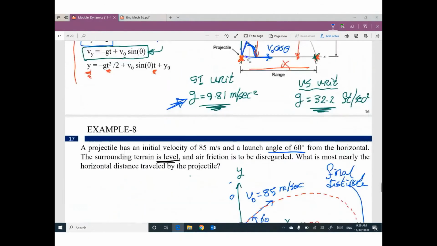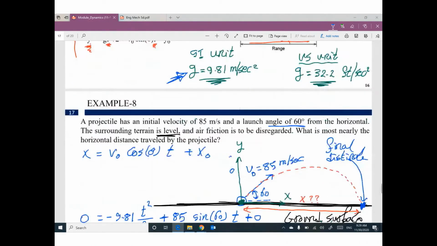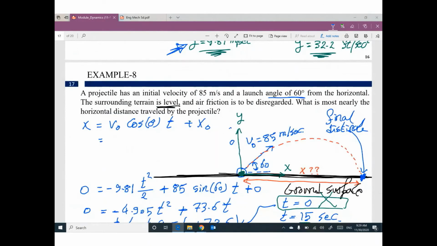We have an equation here for x equal v naught cosine theta time t plus x naught. V naught equal 85 cosine 60 time t equal 15 seconds plus x naught, we don't have initial horizontal distance.